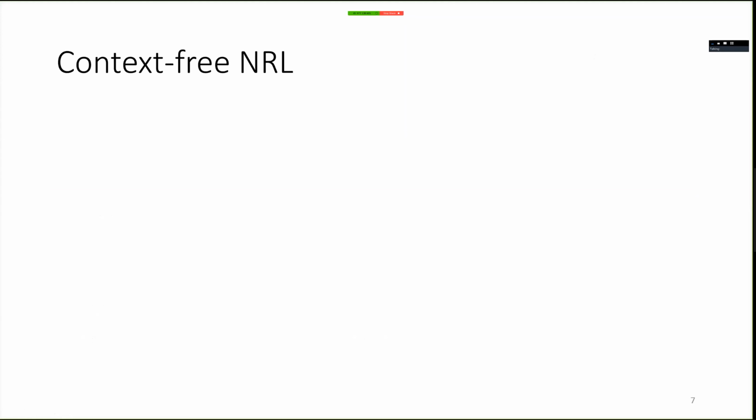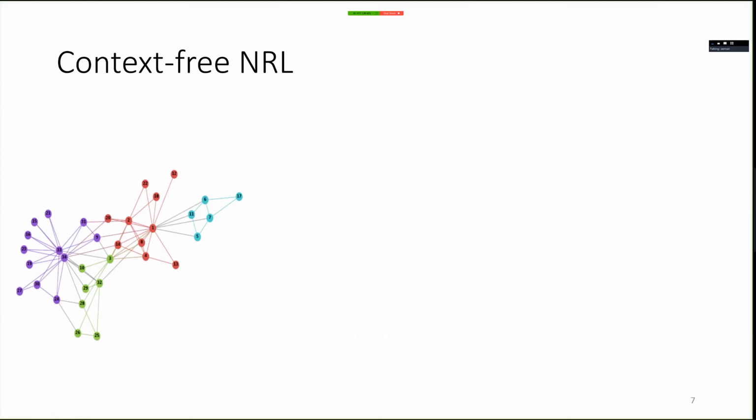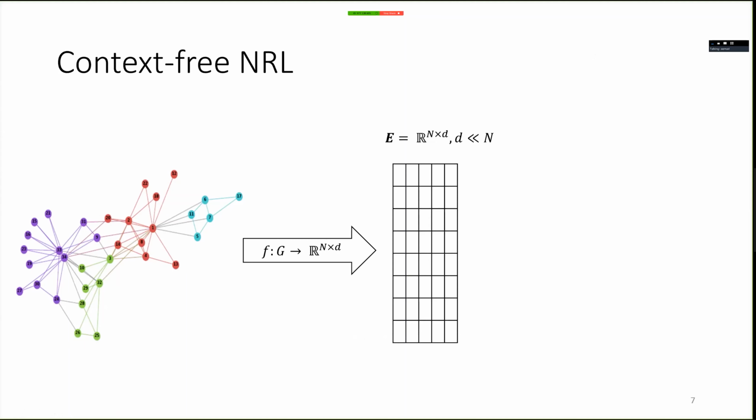So context-free graph representation learning: you have a graph G and you want to learn a function F. So you learn a matrix. This matrix has dimensions of n, which is the number of nodes in the graph, times d, which is the dimension size that you pre-select before the training.